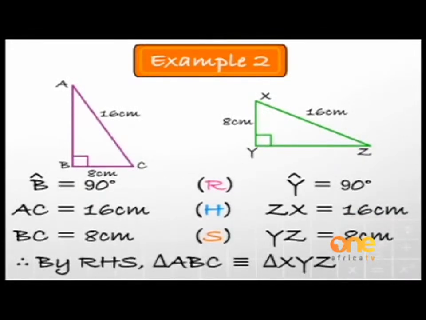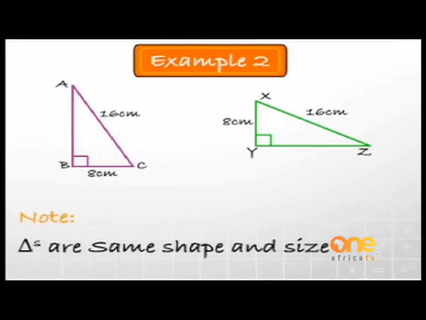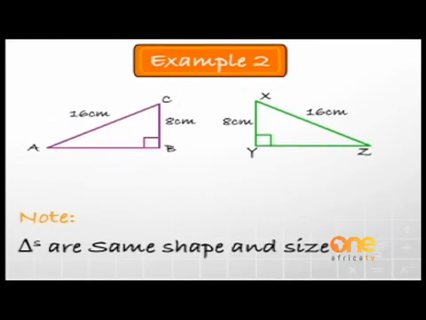Therefore, by the right angle hypotenuse side condition of congruency, we can see that triangle ABC is congruent to triangle ZYX. Please note, the triangles above are in fact the same shape and size. If one of the triangles was reorientated, it would easily be seen that they are in fact the same triangle.